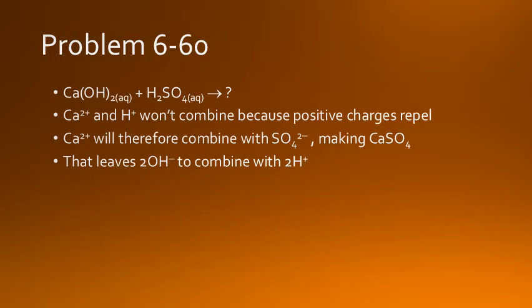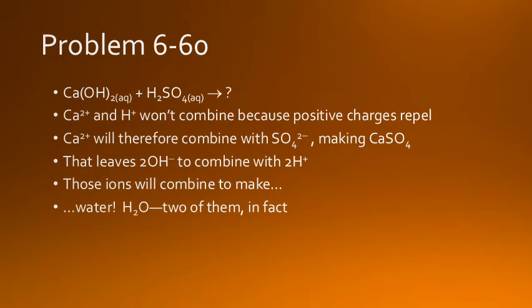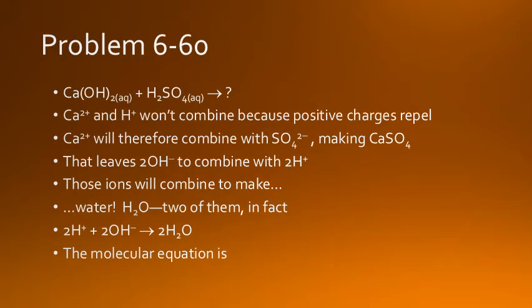The 2 OH- combined with H+ makes water, H2O. In fact, from this reaction, we'll get 2 water molecules. This is an acid-base neutralization, and you're always going to get water as one of your products in an acid-base neutralization. Our molecular equation is our given reactants going to CaSO4 and 2H2O, and that's balanced.